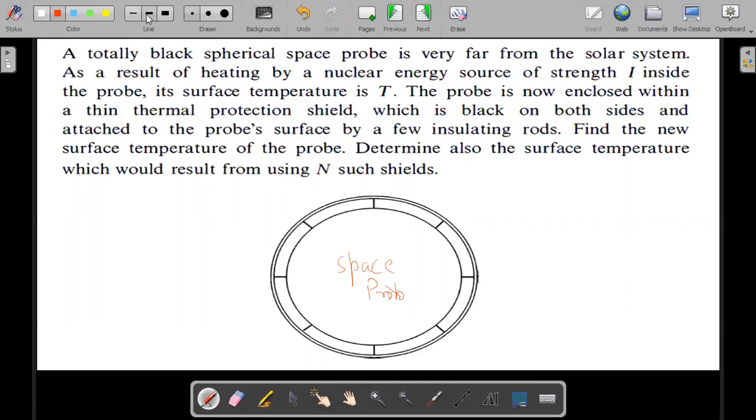As per this question, we have one spherical object.